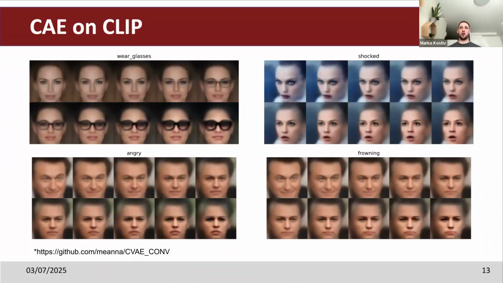So basically, you are generating the CLIP embedding from the text, and you say that this image has to be wearing glasses, and you can interpolate through the embeddings like we did with the numbers, and get from the image A of this person to the image B where this person is wearing glasses, and you get all of these intermediate steps as well, because you basically know the initial CLIP encoding and the CLIP encoding where you want to get, and now you can interpolate through the space.